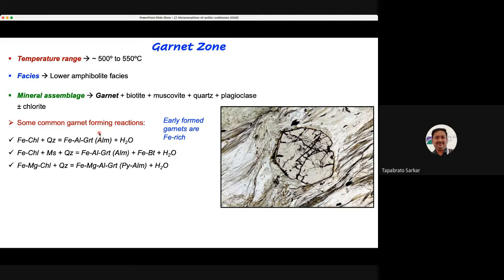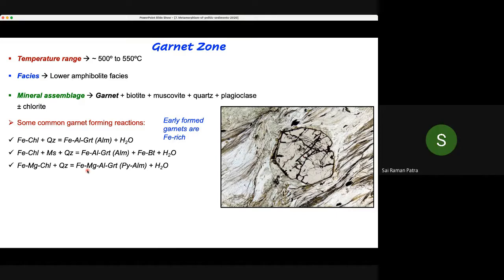Okay. So tell me, what is almandine garnet? You have done it in mineralogy, right? This ALM represents almandine, PY represents pyrope. So what is almandine garnet? Sir, Fe will be present. In pyrope, Mg will be present. Can you say the formula?